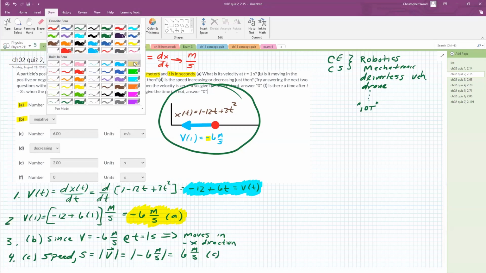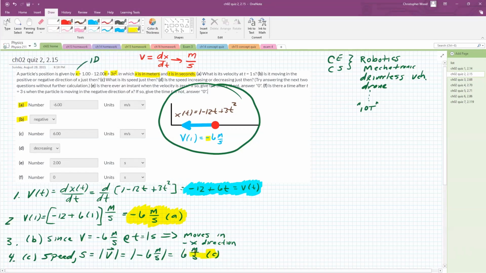So we have 3 down. This is the answer to C. This is the answer to B. And D says, is the speed increasing or decreasing? So you know what I'll do. This is a job for your Desmos graph. Go to your Desmos graph.